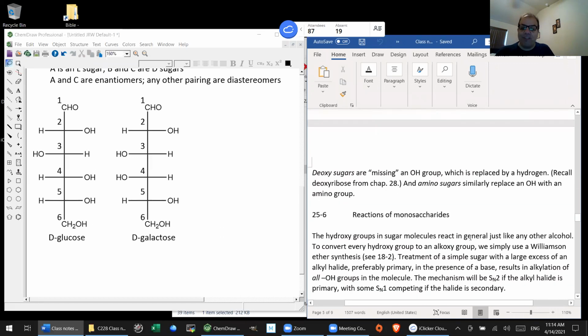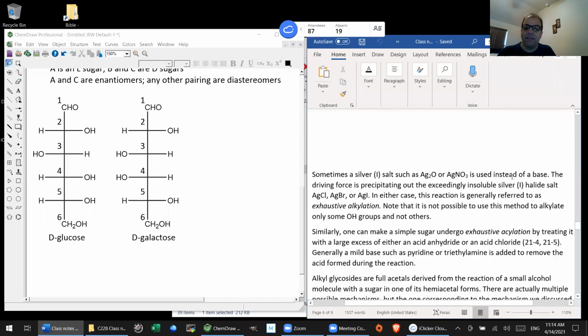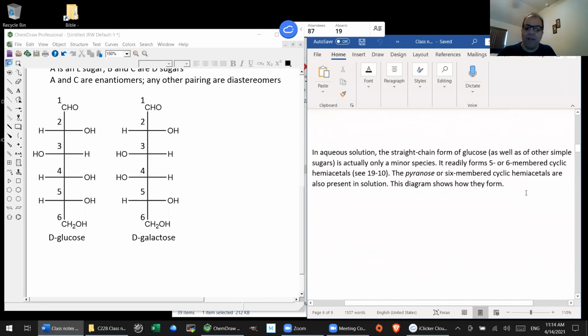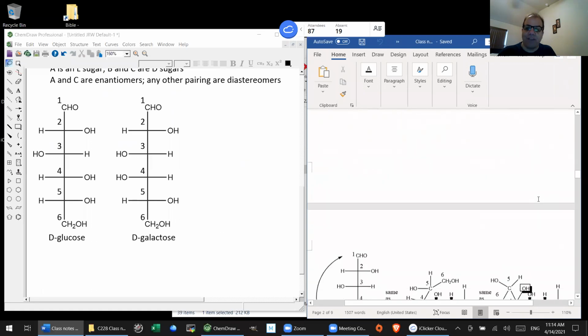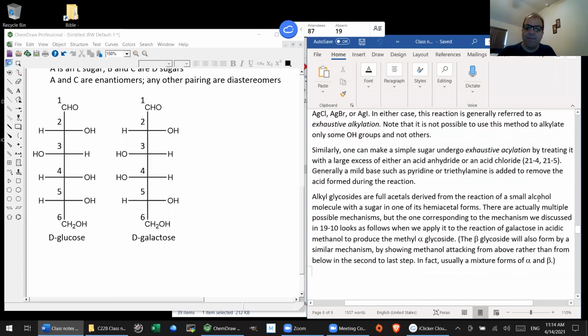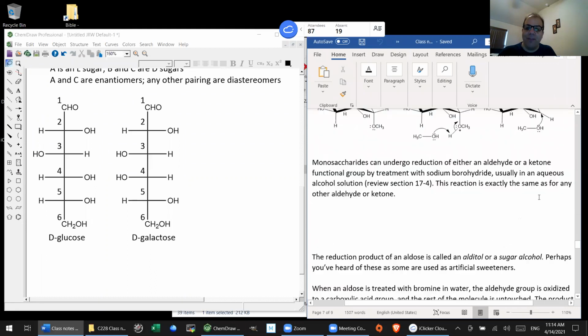My concern for the rest of the class is going over as many of these reactions that involve simple sugars, monosaccharides, as we possibly can. Let's see. First of all, did I zip right over all of those redox reactions? I don't think I did. But we need to talk about exhaustive alkylation and acylation.